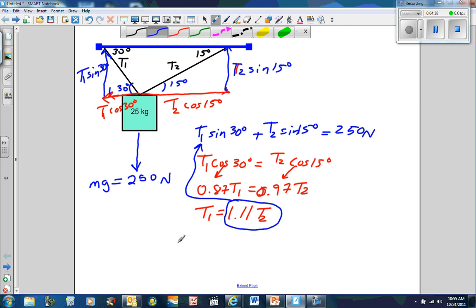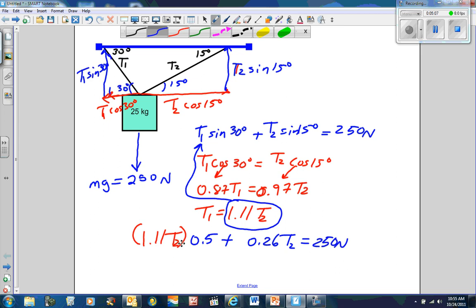So if I do that, I'm going to get 1.11 T2 times 0.5, because sine of 30 is 0.5, plus sine of 15 is 0.26 T2 equals 250 newtons.